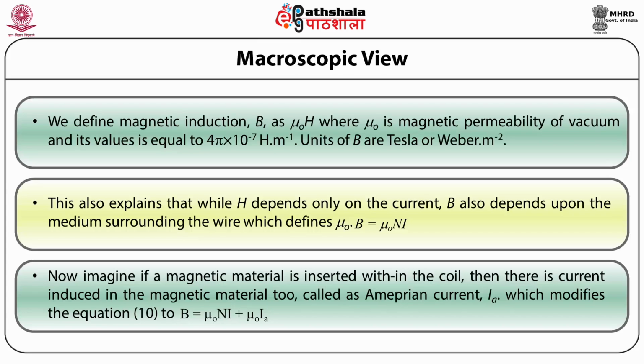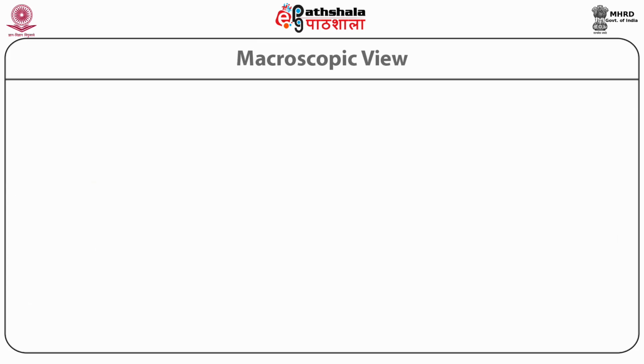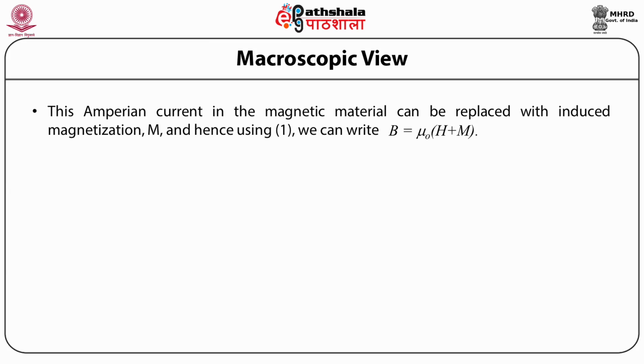Now we rewrite this equation as B is equal to mu H. The Amperian current Ia in the magnetic material can be replaced with induced magnetization M, and thus we can write B is equal to mu naught bracket H plus M.